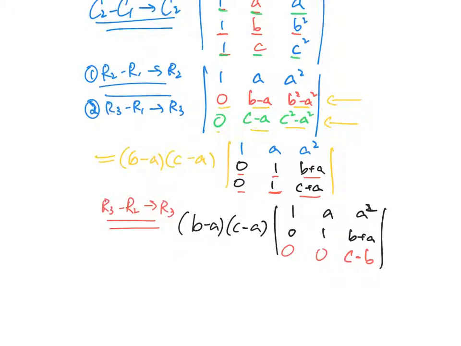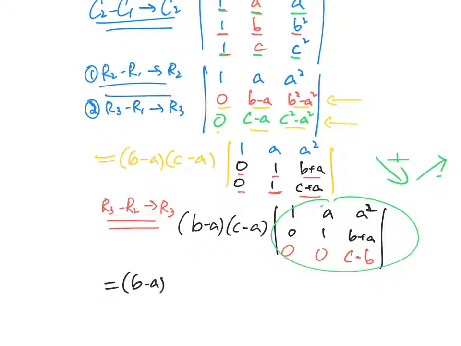If okay, finally we are going to expand it with the rules called positive and negative in the expansion of determinants. As a result, besides b minus a and c minus a, which are factorized already, we are now going to expand it.